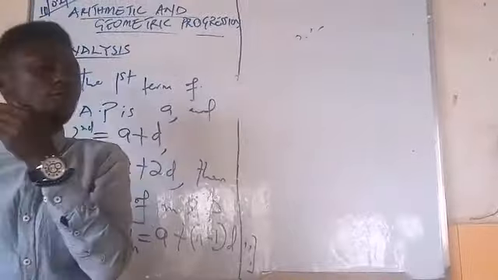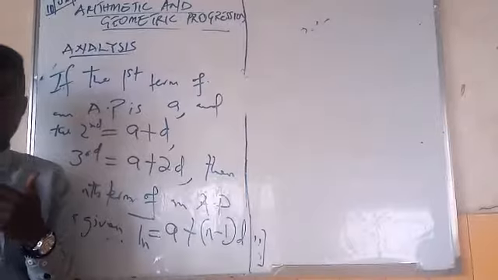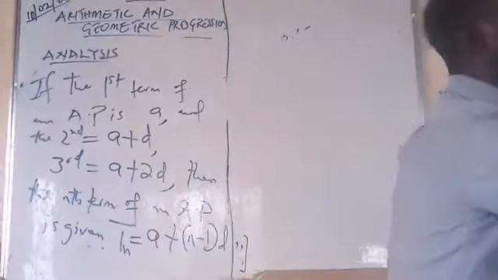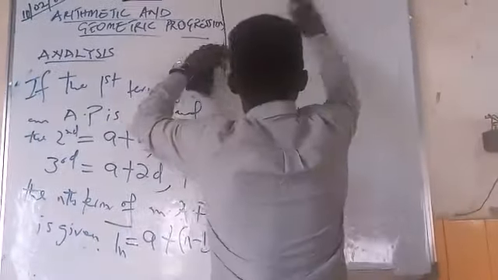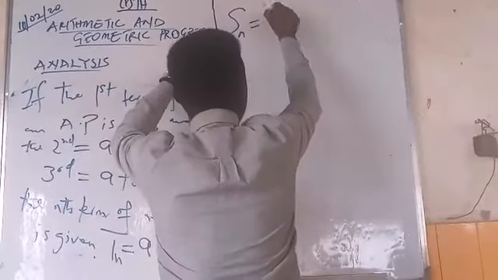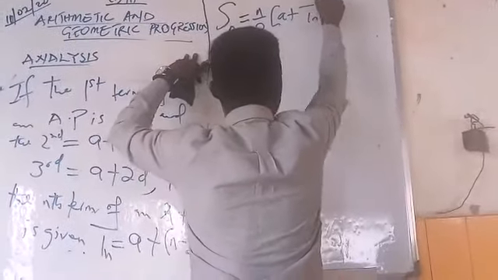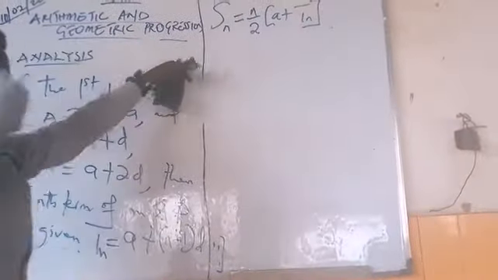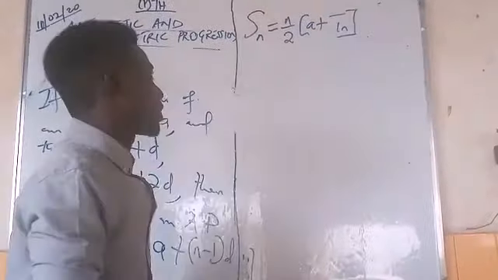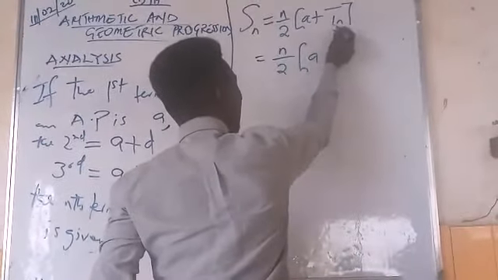The sum of the first n terms of an AP is given as n over 2 into bracket A plus your nth term, Tn.